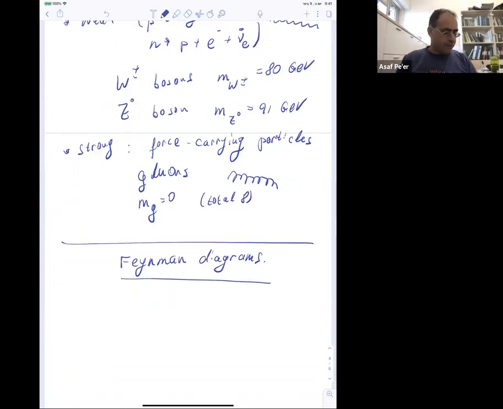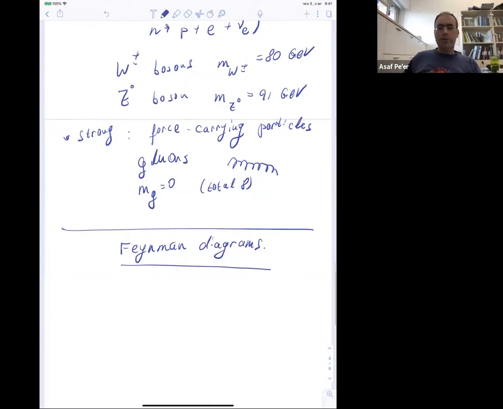Now, the nature of all the forces, maybe I should write it down, depends on the properties of the gauge bosons that mediate the forces, and the way that they are coupled to the fermions.